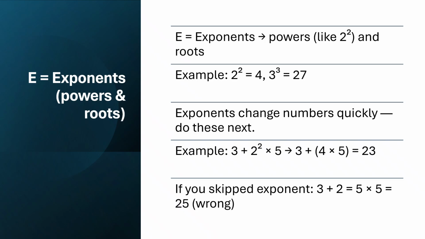Then the expression becomes 3 plus 4 times 5 equals 3 plus 20 equals 23. If you ignored the exponent and just did 2 times 5 equals 10, then added 3, you'd get 13, which is wrong.